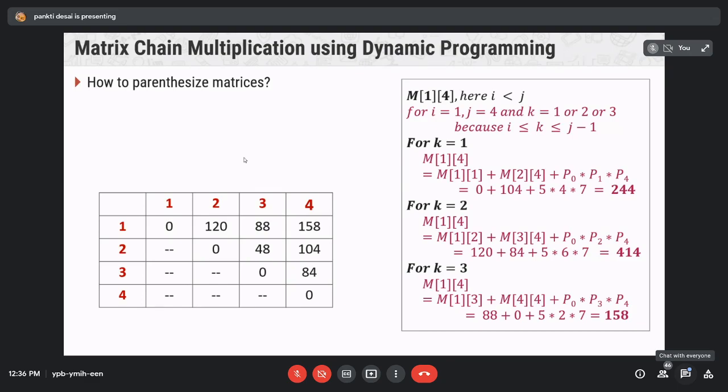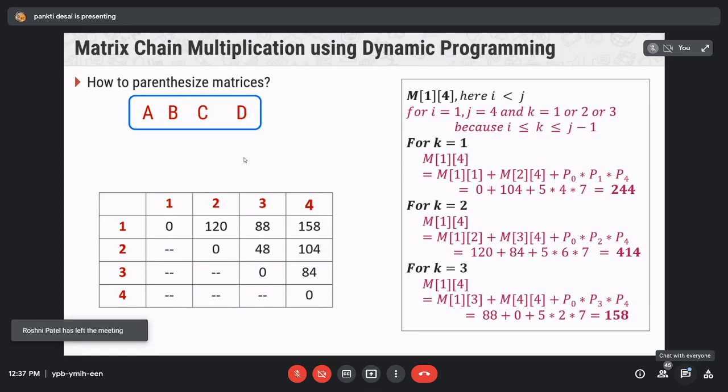So here we get the cost at the M14 position in our matrix, that is 158. Now the next step is the sequence of optimal parenthesization, which gives you the optimum cost 158. We have a total of four matrices, so we have to parenthesize these four matrices in such a way that it gives us the optimum cost 158.